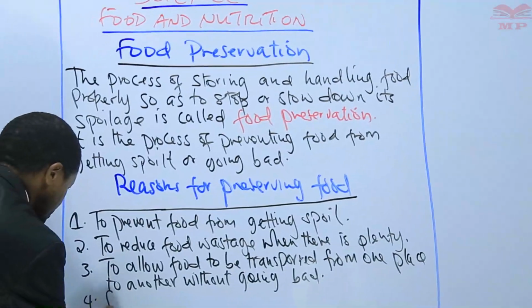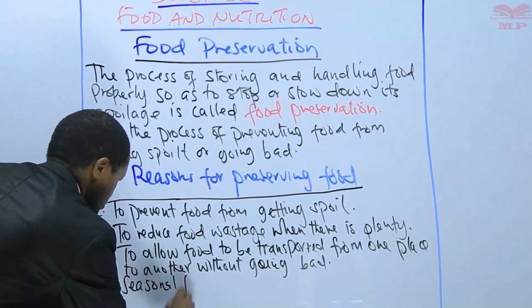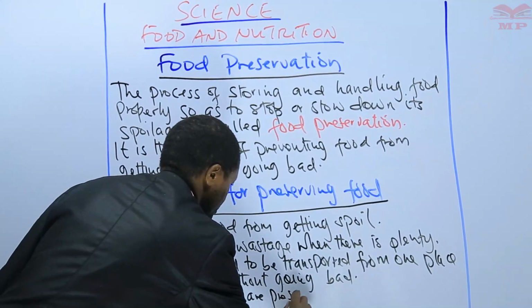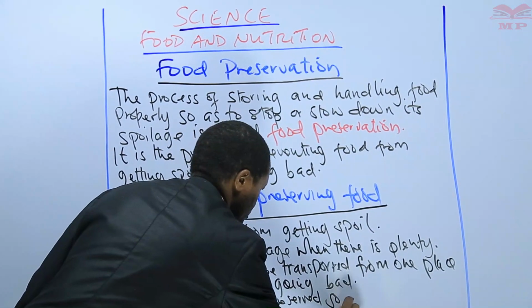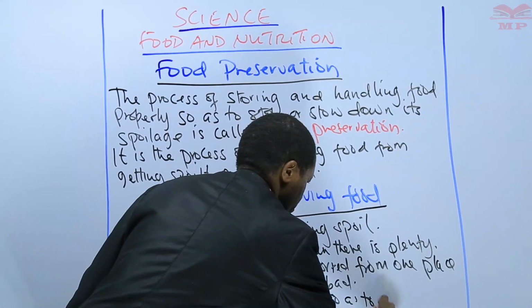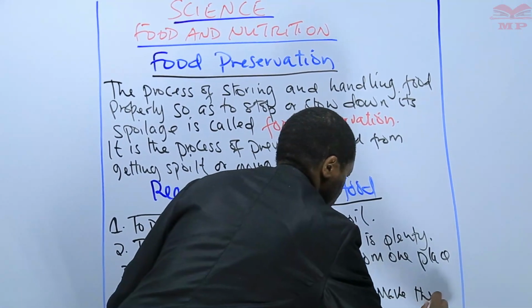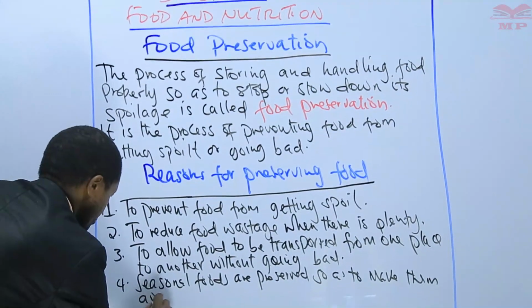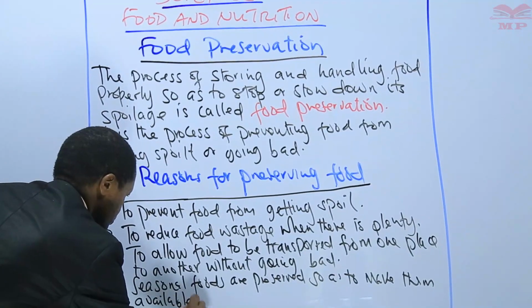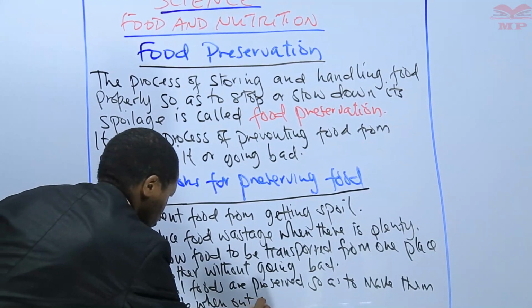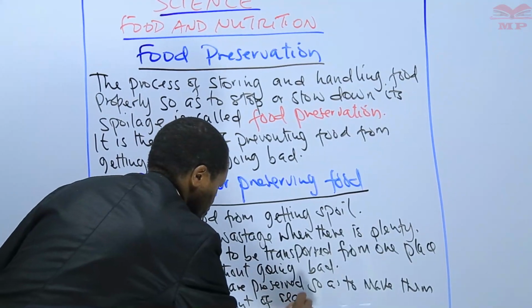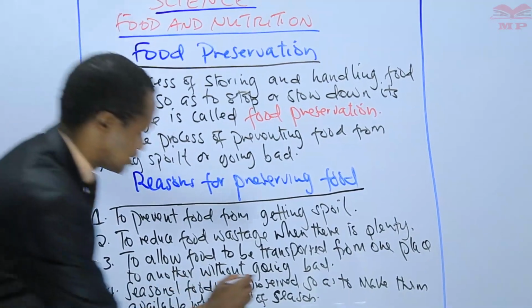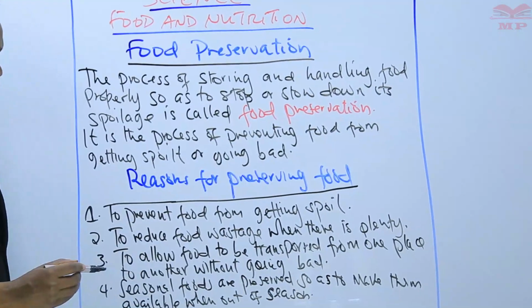Number 4, seasonal foods are preserved so as to make them available when out of season. Learners, so as to make them available when out of season.